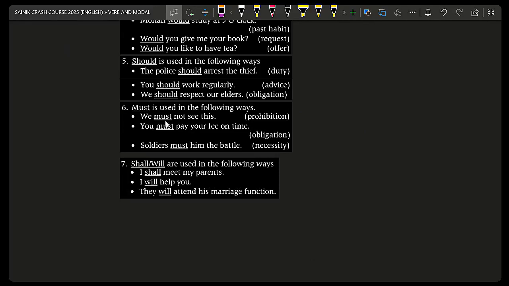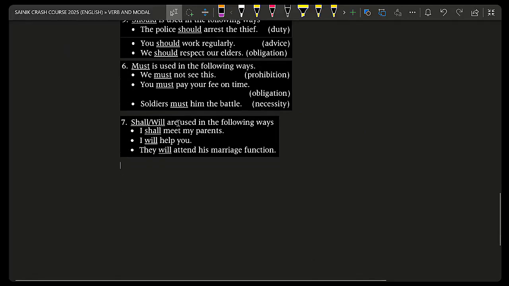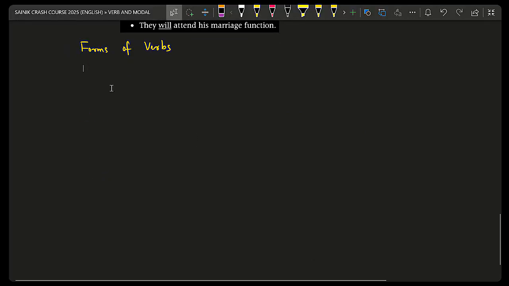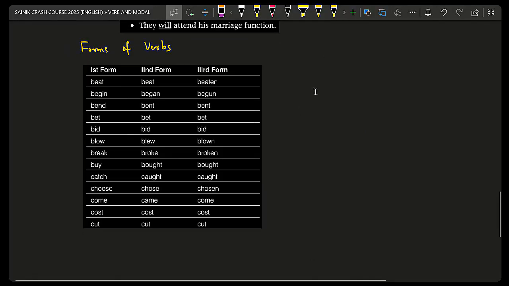Okay, here are some examples. You can see the first form, second form, and third form. This is called V1. This is V2. This is V3.